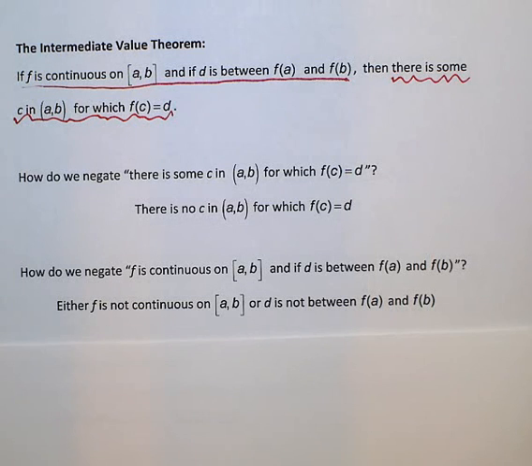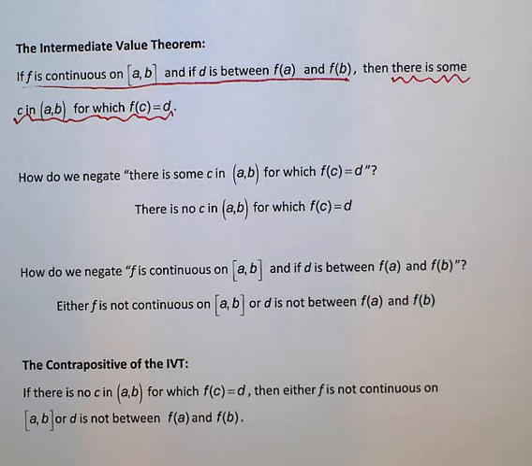So the contrapositive of the intermediate value theorem says if there is no c in the open interval ab for which f of c equals d, then either f is not continuous on the closed interval ab or d is not between f of a and f of b.